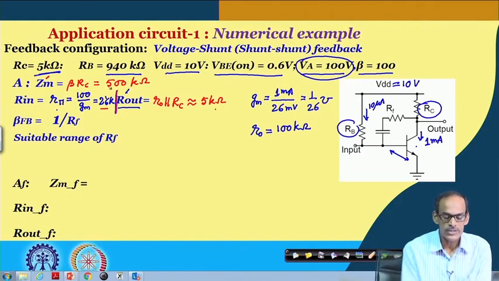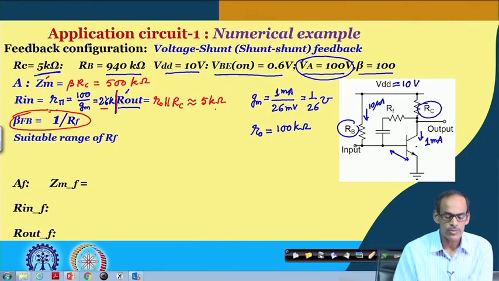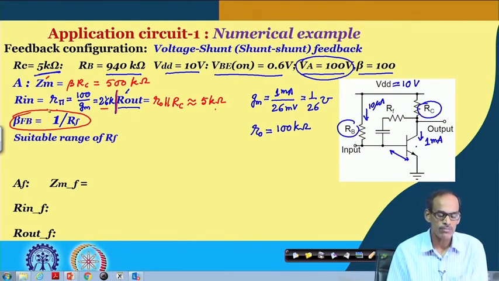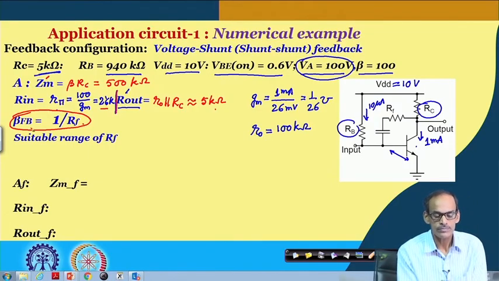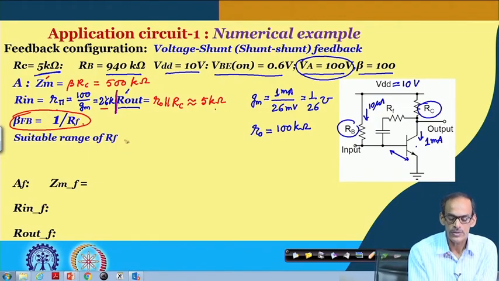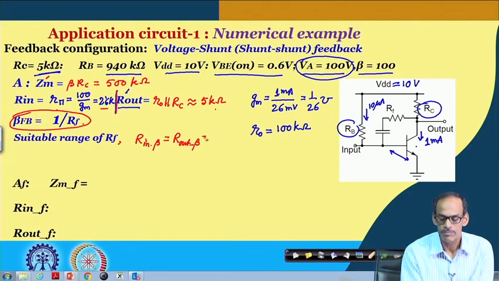Now, using this information, let us try to see what is the suitable range of this beta Fb, or the suitable range of Rf. So first thing is that Rf, which is also equal to R in beta and R out beta.